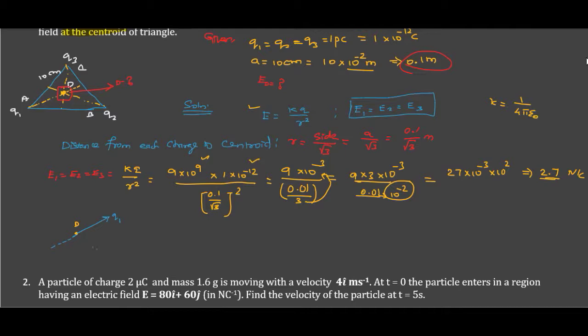Similarly for Q2, it will come like this. Similarly for Q3, the direction will be this direction. That means positive charge means the field will be in the outward direction. So you observe here, the angle between each field is 120 degree.